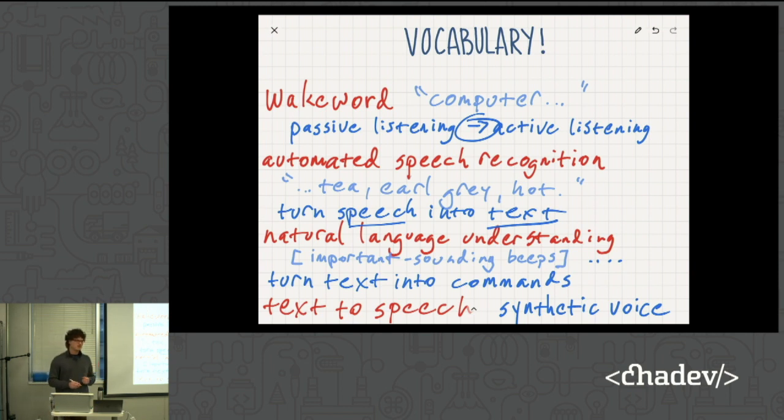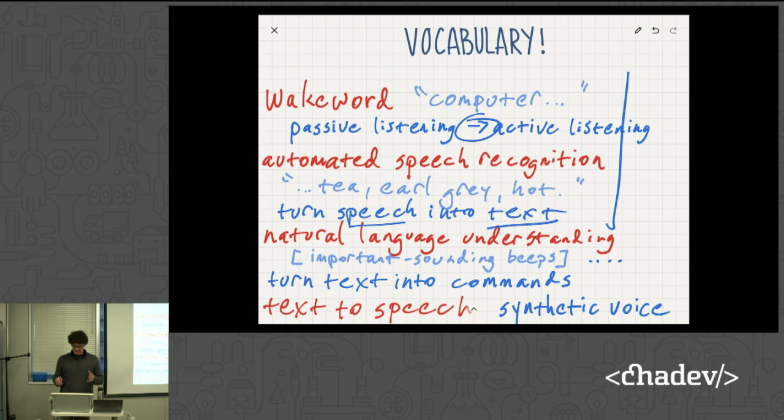The same way that you would define what a key press on a keyboard means, the same way that you would define what a gesture on a touchscreen means, NLU turns that text into something that the computer can understand.